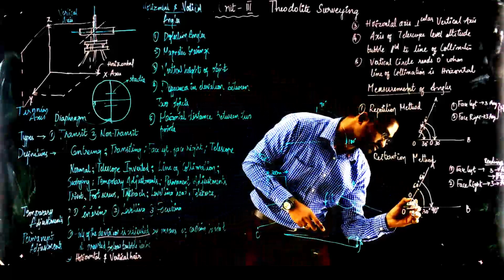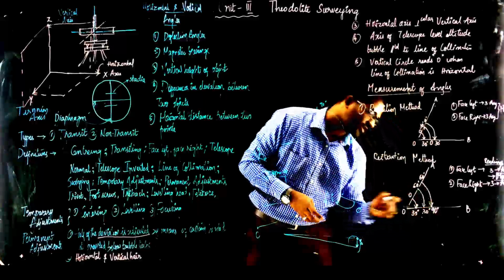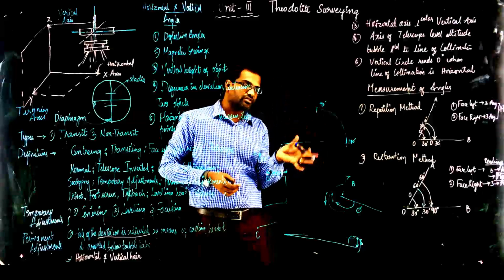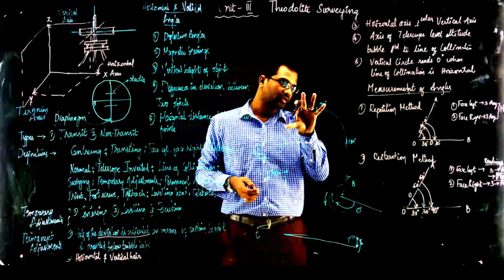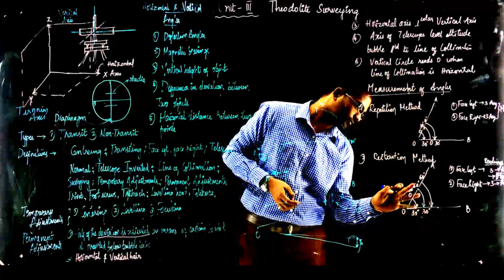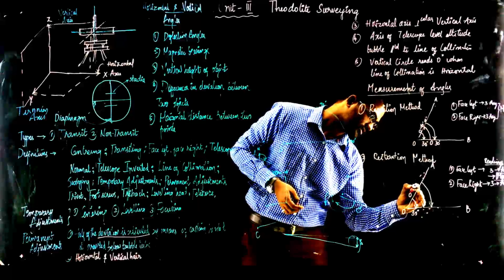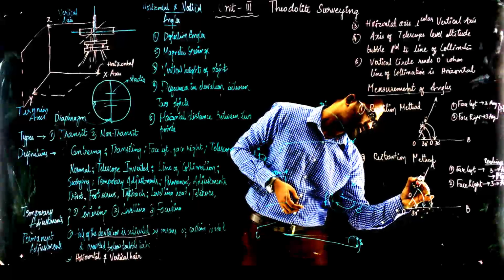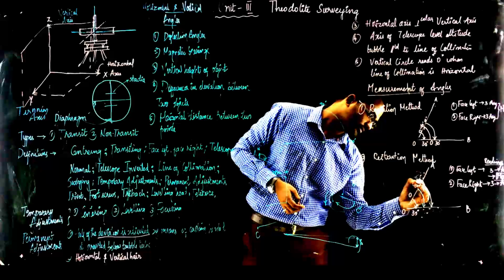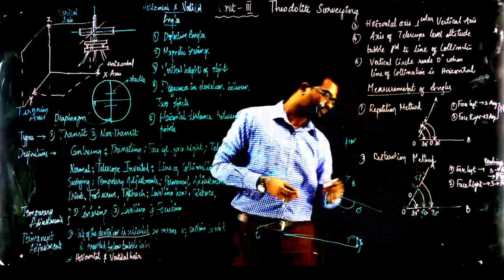You are supposed to go from here to here. This is correct. So 0 to 30, then 60 is kept to A, then 60 to 30. This is 60 and this is 90.